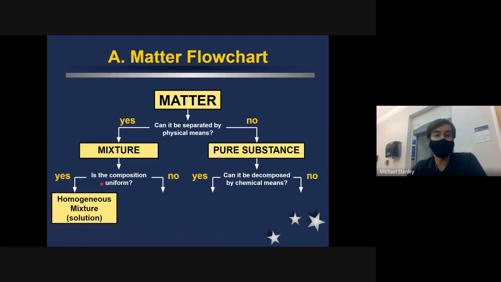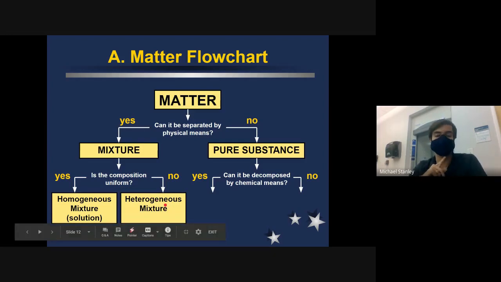If it is not uniform, if there's different clumpings and different amounts of particles in different places, then we have a heterogeneous mixture. So we don't have the same in every part. There's different amounts in different areas. And so that's what makes our mixture heterogeneous.